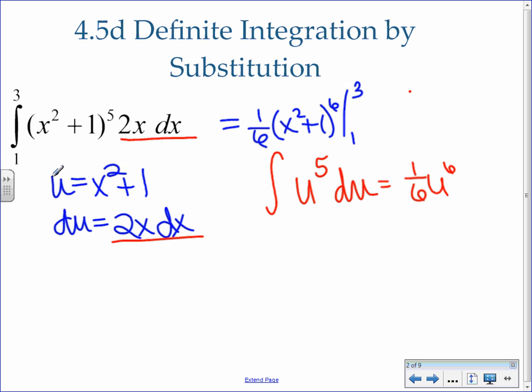No plus c. I think you're going to need a calculator. We need 1/6 times 3 squared plus 1 to the 6th minus 1/6 times 1 squared plus 1 to the 6th.